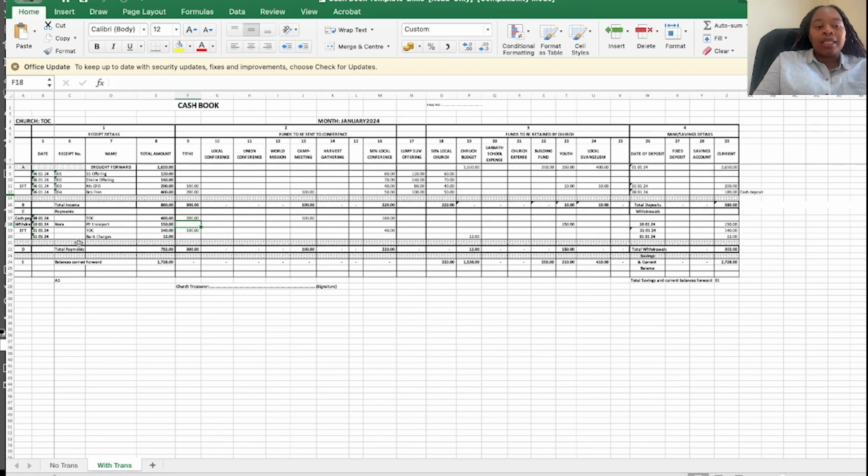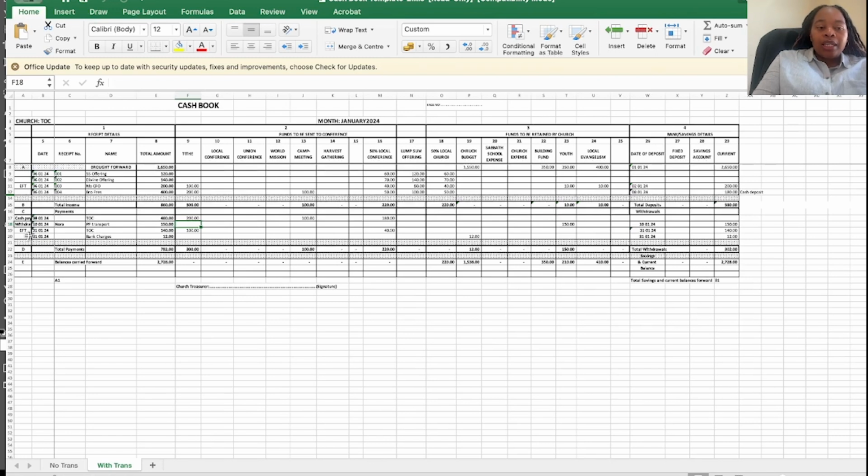TOC, because on that day when we were doing the deposit, the money we didn't have on hand. So now we do a transfer from our bank to TOC bank account, because if we're going to withdraw the money from our bank and go and deposit it to the TOC bank account, we're going to be charged bank charges for withdrawing the money. So it's better to do a transfer.